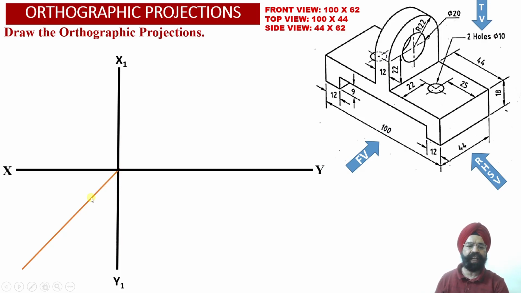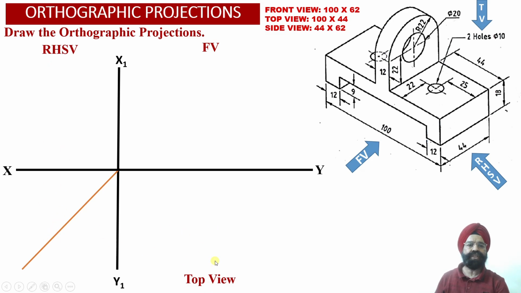This transfer line is inclined at an angle of 45 degree with respect to the XY reference line, and we are going to require it in order to transfer the distances along the depth of the solid from the top view projections into the right hand side view projections.